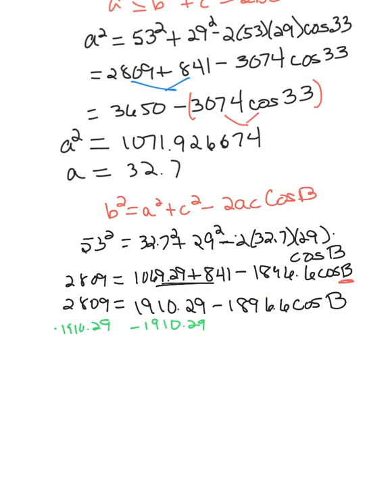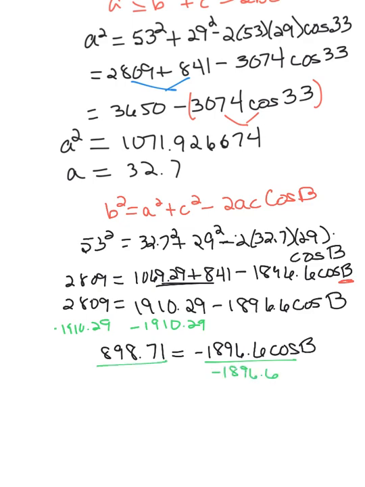In doing that, I will get 898.71 equals negative 1896.6 times the cosine of B. Now, to get the cosine of B by itself, we're going to divide by the 1896.6 and we now have negative 0.4738532211 equals the cosine of B.